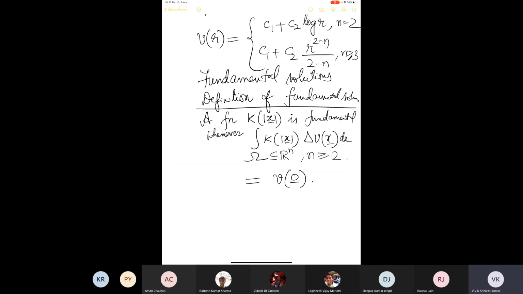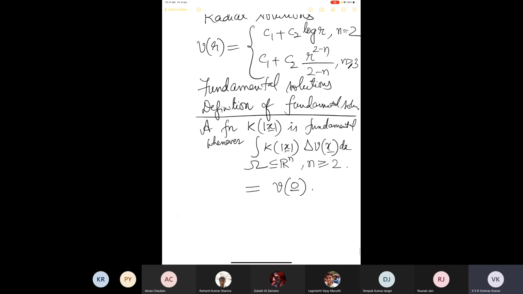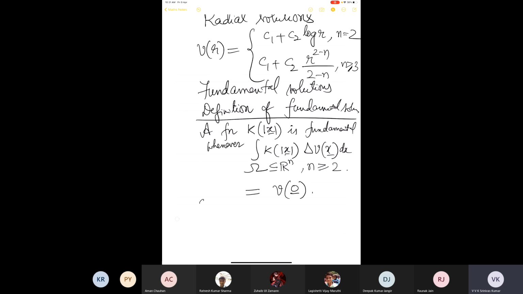And now the final step, that is step 3, is to find c1 and c2 such that v of r, you can call it k of mod x, is fundamental.